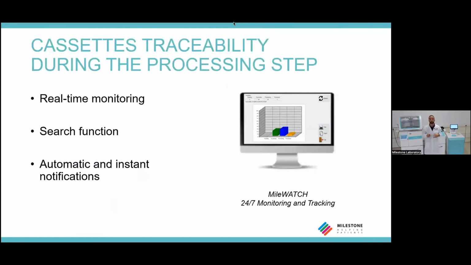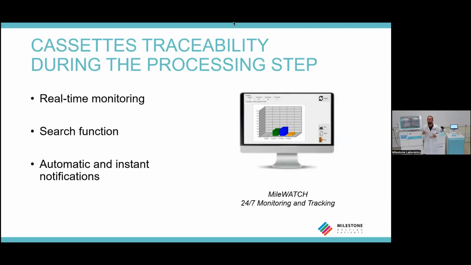In particular, it's possible to have complete traceability during all the processing phases. It's possible to view in real time how many cassettes are in the processing phase in our processor. The operator can see the processing parameters for each process phase, such as time, temperature, pressure, and also the detail of the reagent used, maybe the expiration.